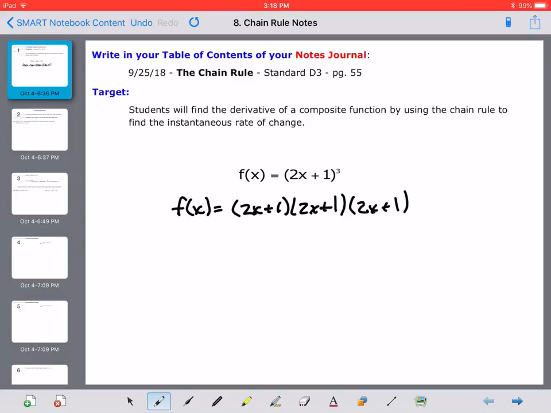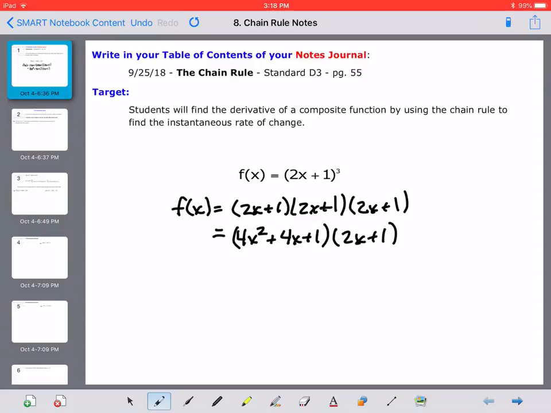I could FOIL out one of these or distribute out one of these to get 4x squared plus 4x plus 1. Okay, 2x plus 1. Then I could use the product rule there. I can continue expanding, then do my derivative. It doesn't matter, but there is going to have to be some major work done.